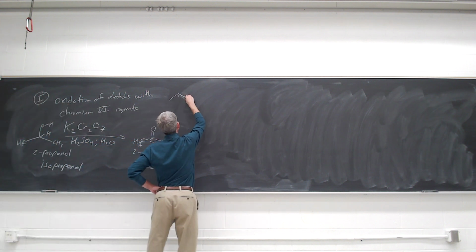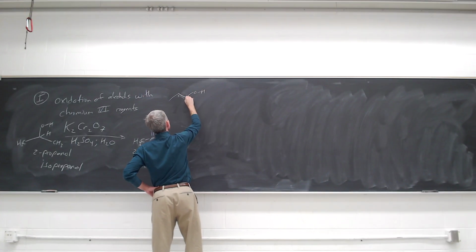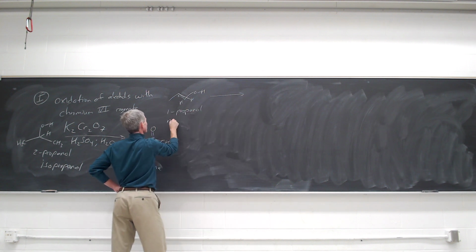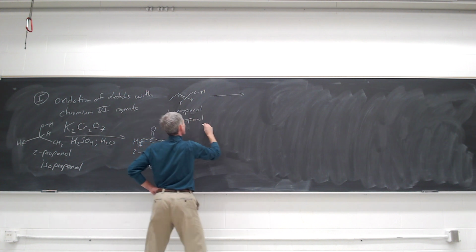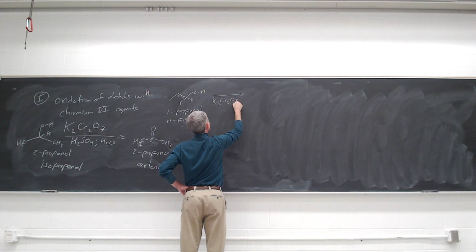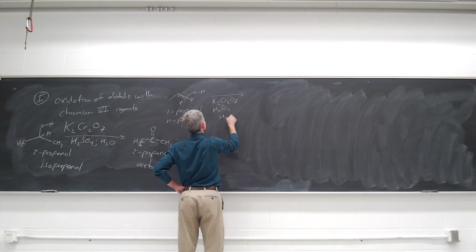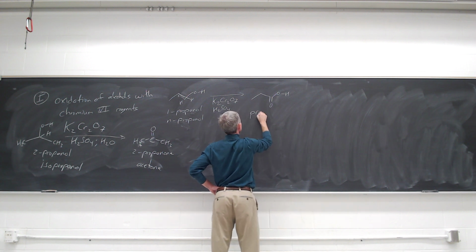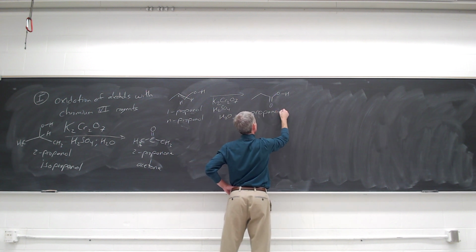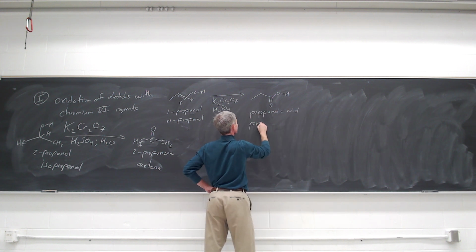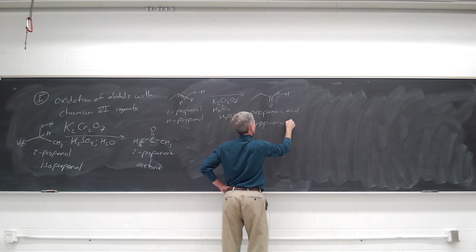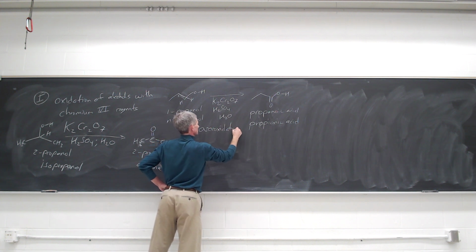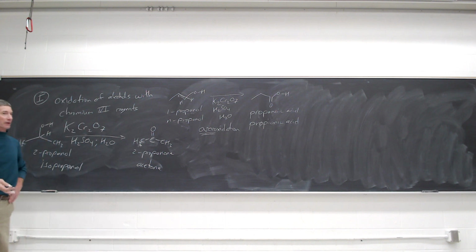So if we were to take 1-propanol, or n-propanol for normal propanol, and use the same set of conditions, we would end up with propanoic acid, or propionic acid if you want to use the common name. And we say that's over-oxidation. We oxidize it further than we want it to.